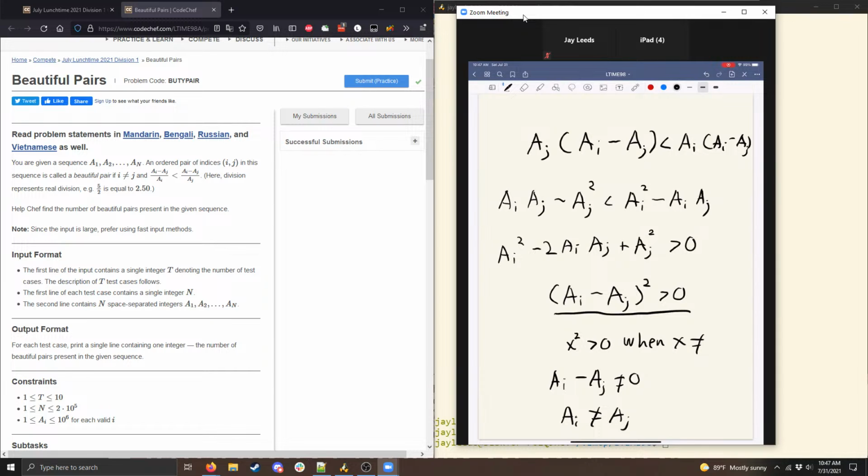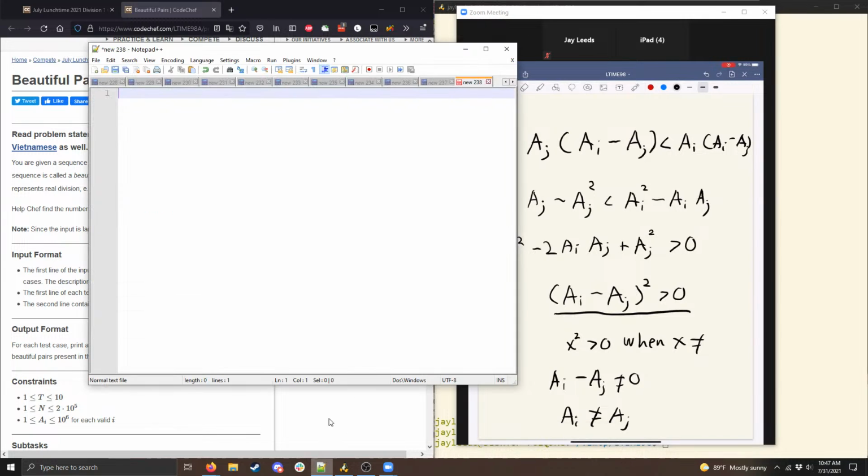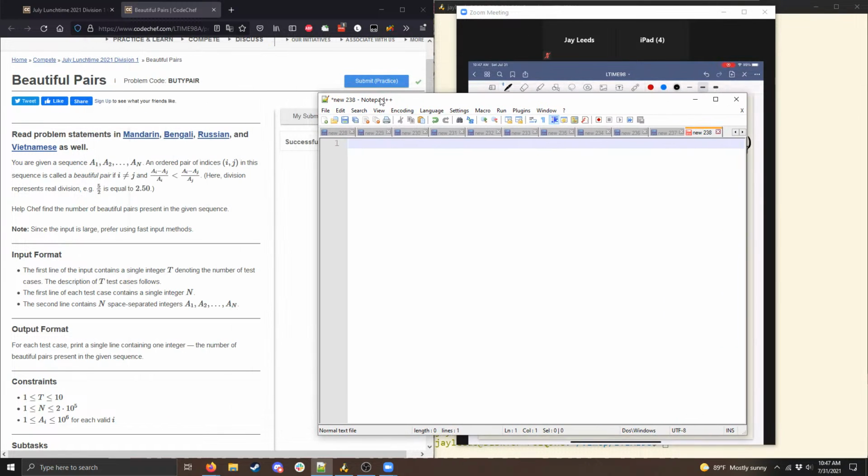So what we've derived here is that we can rephrase the condition as: an ordered pair i, j is good if a sub i is not equal to a sub j. And so now we need to count the pairs where a sub i is not equal to a sub j.